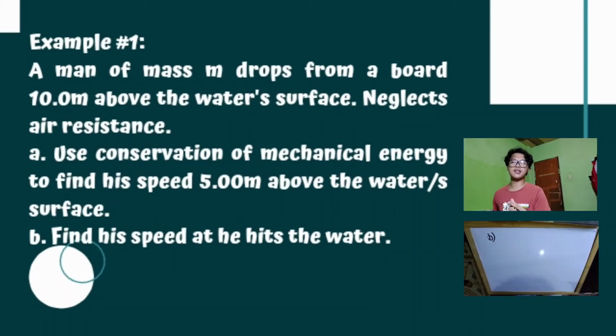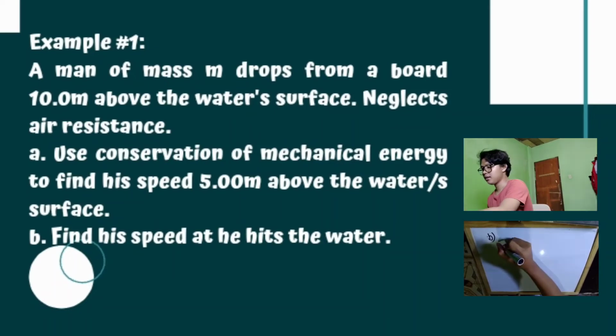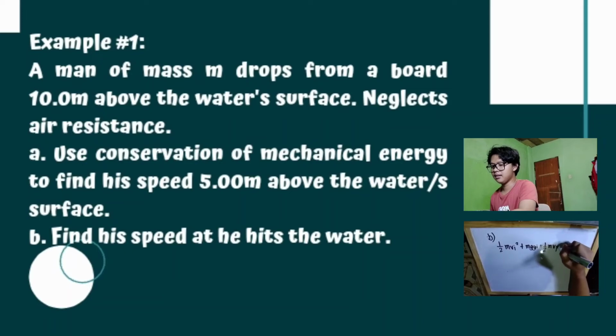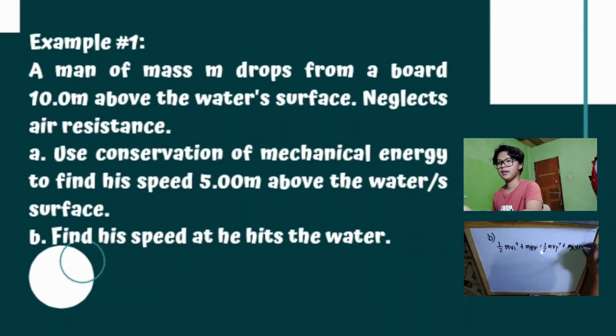Our final potential energy is 0, so we have one-half m v initial squared plus m g y initial equals one-half m v final squared plus m g y final.